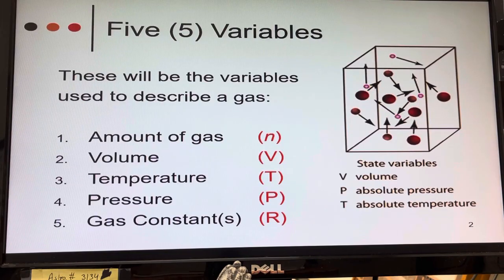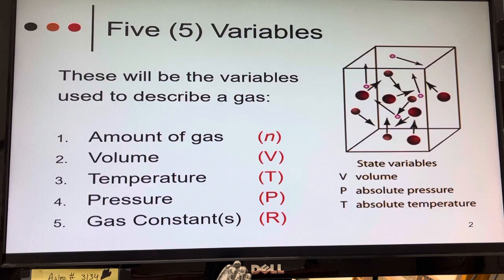All right. You'll see a little chart where there are 5 variables, and you will fill in very specifically the abbreviation for each of the variables that we're going to be using to describe a gas during this unit.